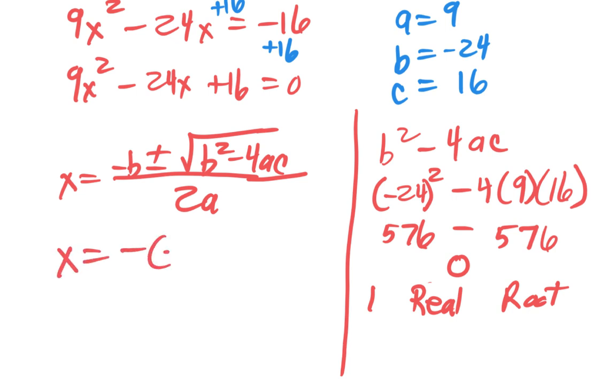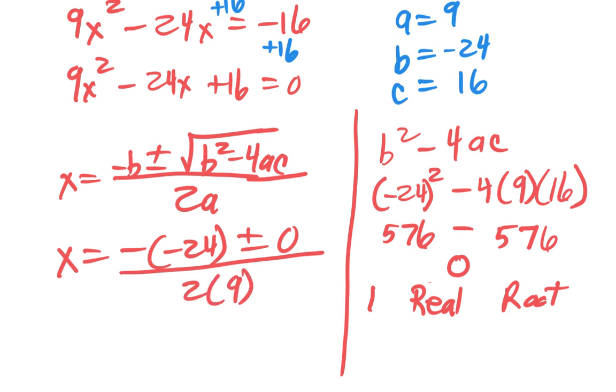So negative of a negative 24 plus or minus 0 over 2 times 9. All right, so x equals 24 over 18. That is a 24 right there. And I see 6 goes into both of those, so 4 over 3.